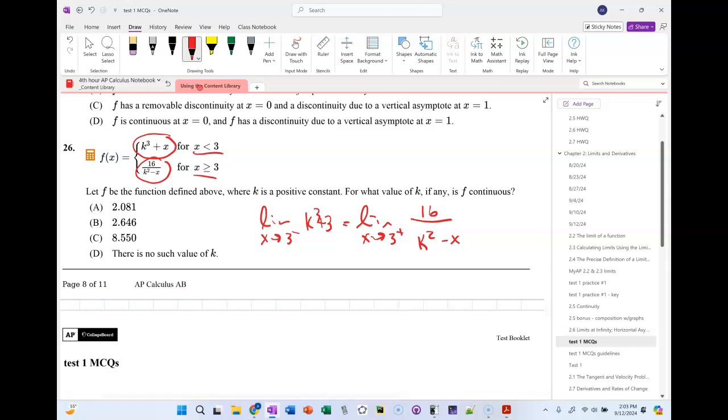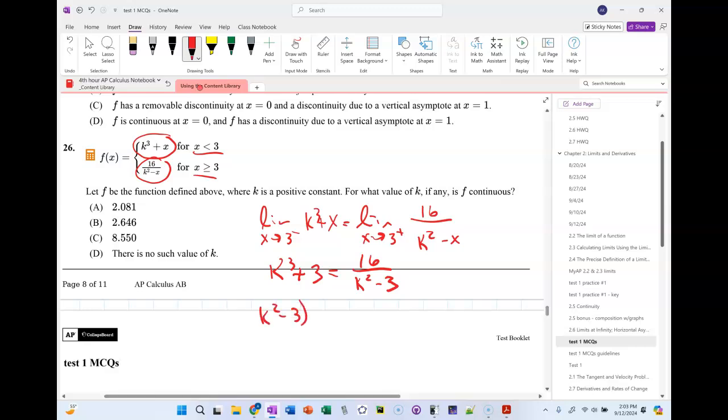If I plug, goodness gracious. All right. So I can plug in 3 for x. So far, so good. And then I just need to solve this equation for k. So let's multiply both sides by k squared minus 3 to get it out of the denominator.